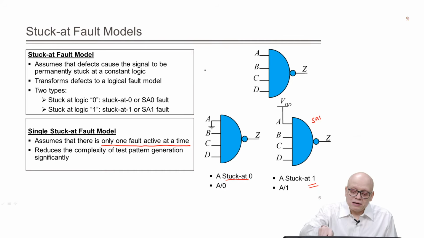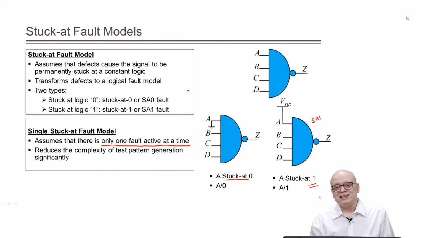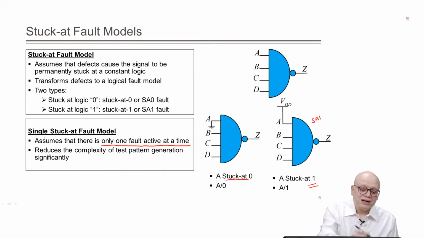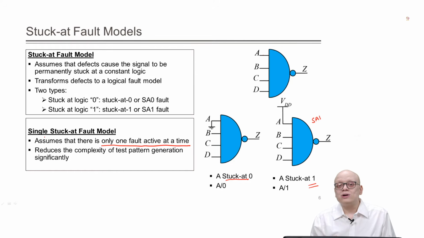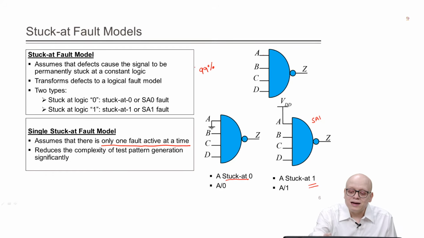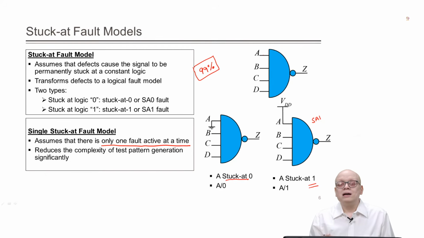But still we use the single stuck-at fault model. Why? The reason is that the set of test patterns that we derive using the single stuck-at fault assumption are able to cover 99% of the multiple stuck-at faults in our circuit, if there are multiple outputs and the logic structure is fairly complex, as in our industrial designs.